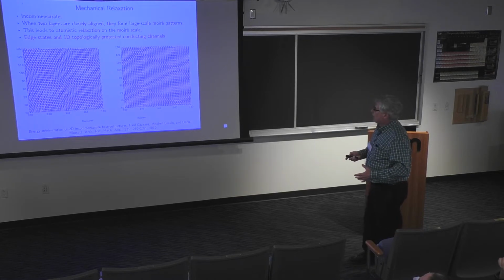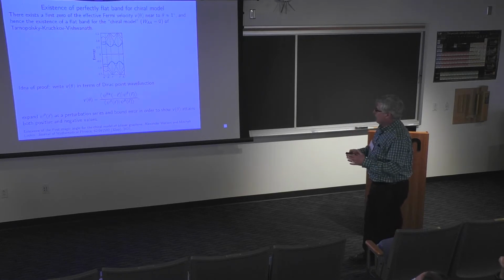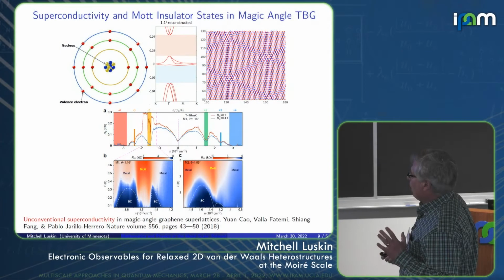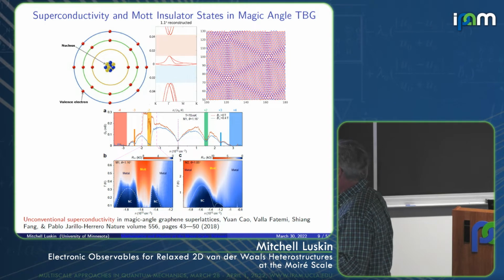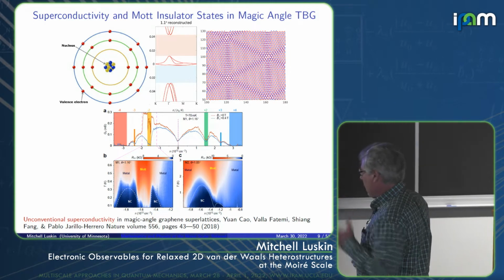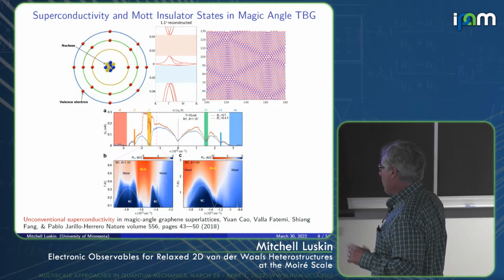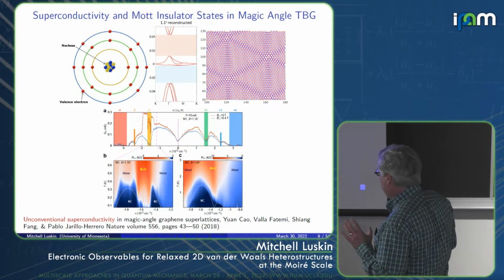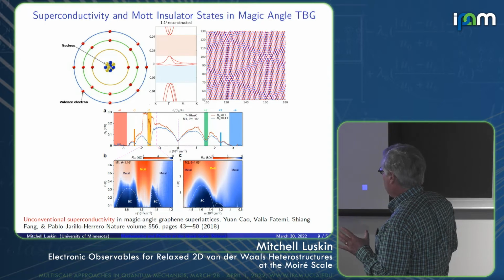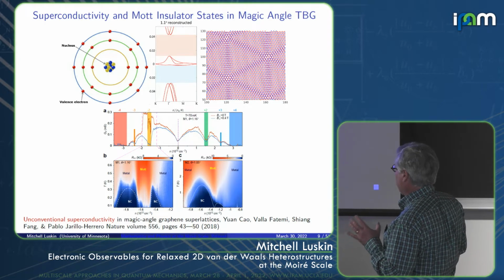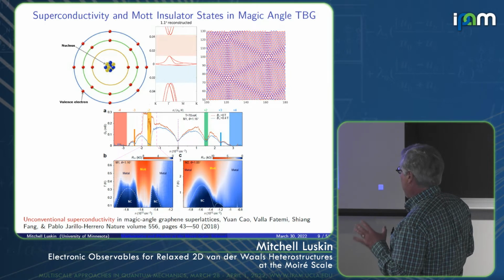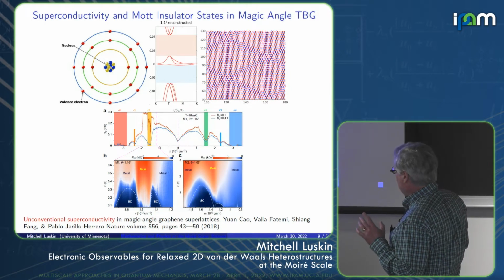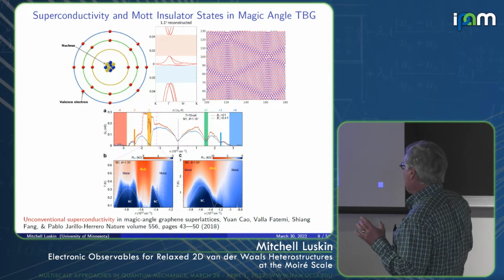And then, let me just skip to this. What was really dramatic is that the group of Pablo Jarillo-Herrero was able to detect a Mott insulator and a superconducting state at the magic angle.